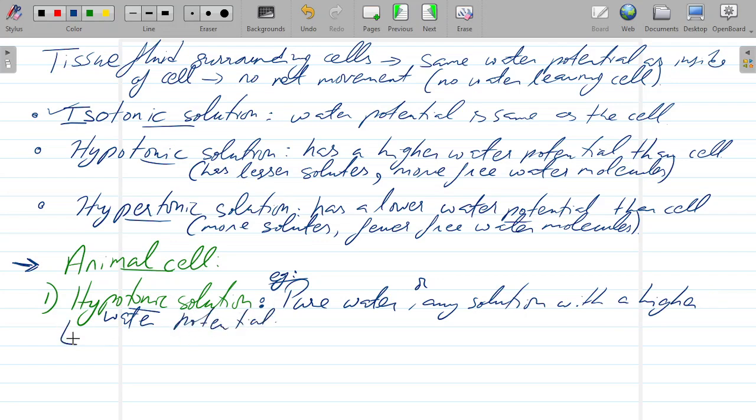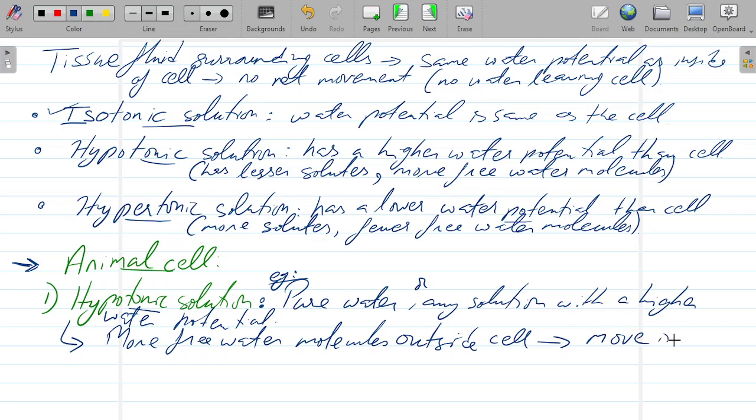And so what would happen is, because there are more free water molecules on the outside, they'll move in, because the cell membrane is freely permeable to water.